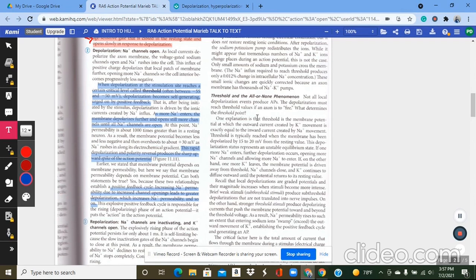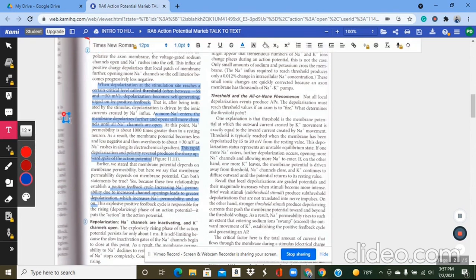So this influx of sodium ions makes the membrane potential increase very rapidly, and it goes all the way up to about positive 30 millivolts. So yeah, so I put in here a short summary of what I learned in this text.